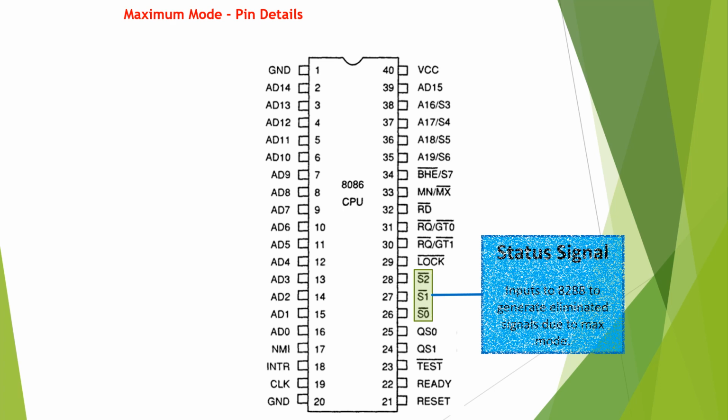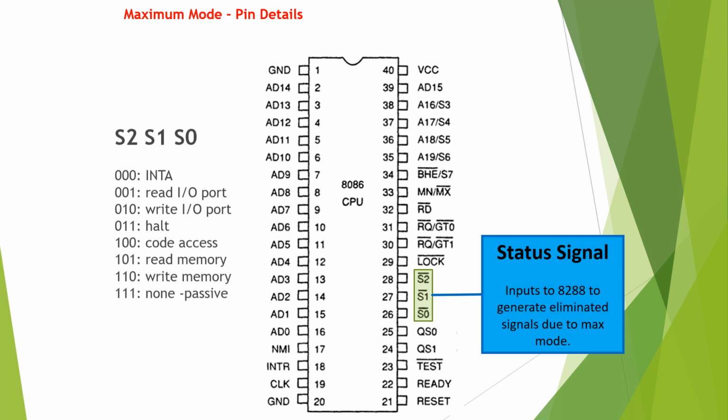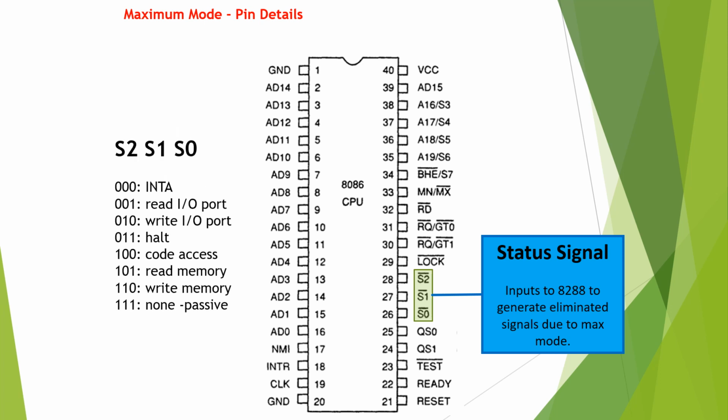And then the next signal is the status signal, that is S0 to S2. These are the status lines which indicate the type of operation being carried out by the processor. When S2 is 0, S1 is 0 and S0 is 0, it is the interrupt acknowledgement cycle.